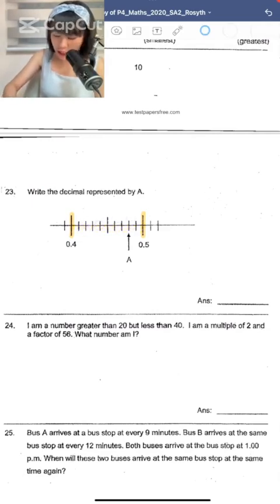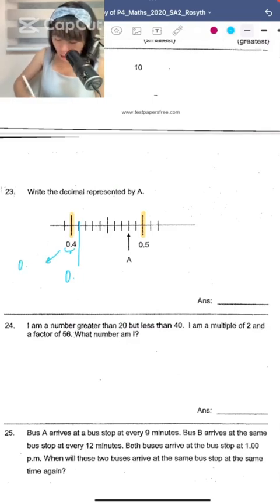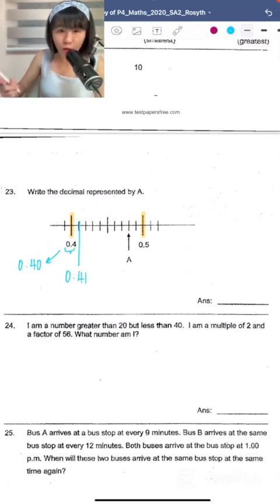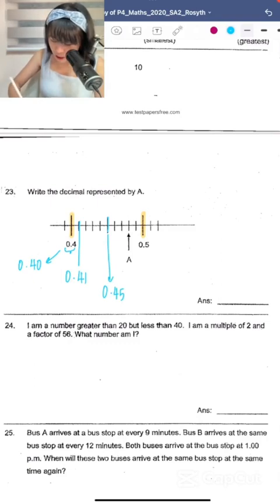Everything just increases by a value of 0.01. 0.4 is the same as 0.40. The next one is 0.41, 0.42, 0.43, and so on and so forth. The one at the middle here is 0.45, and then 0.46, 0.47, 0.48. So your A should be 0.48.